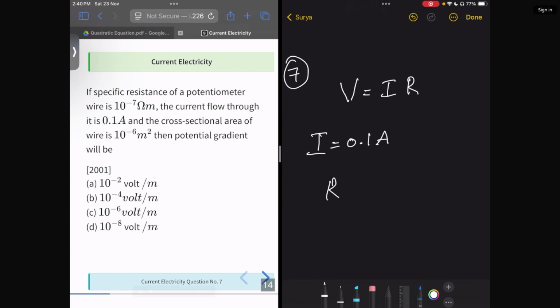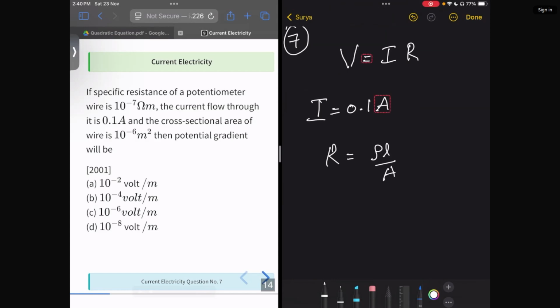R is equal to rho L by A, where rho is the specific resistance, 10 power minus 7 ohm meter, L is the length, and the area is 10 power minus 6.